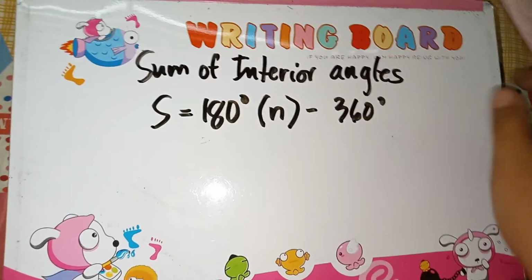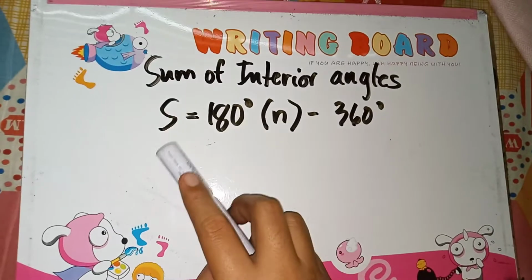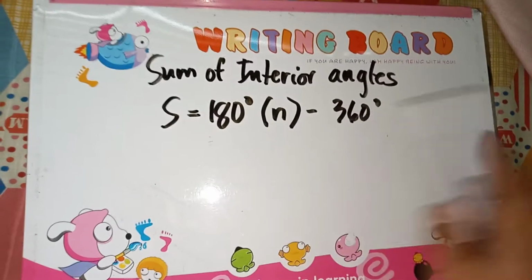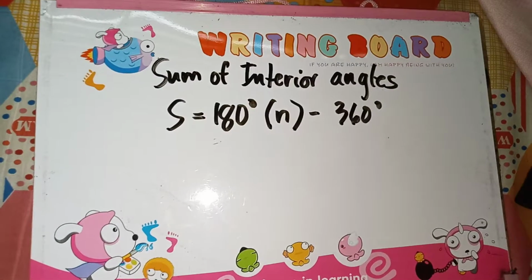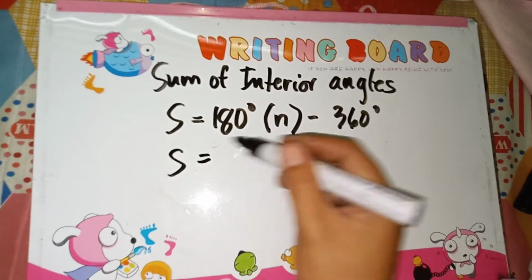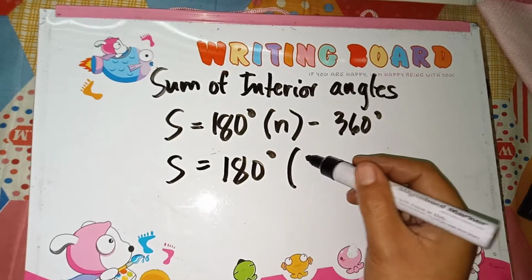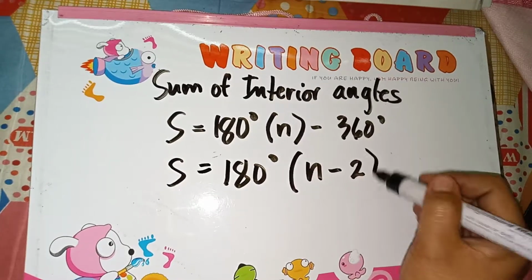And for the sum of interior angles, we have this formula: the sum is equal to 180 degrees times n minus 360 degrees. Or we can simplify this as S equal to 180 degrees times n minus 2.